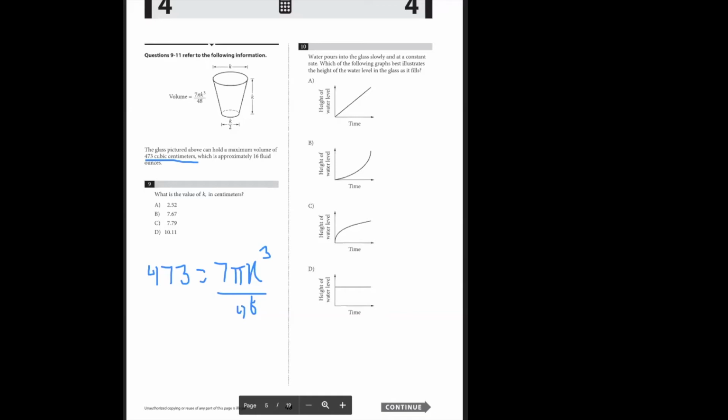So we're going to manipulate it and then solve. Since there's a 48 in the denominator, that's the first thing we get rid of. We multiply by 48 on both sides. When you do that, you should get 22,704.